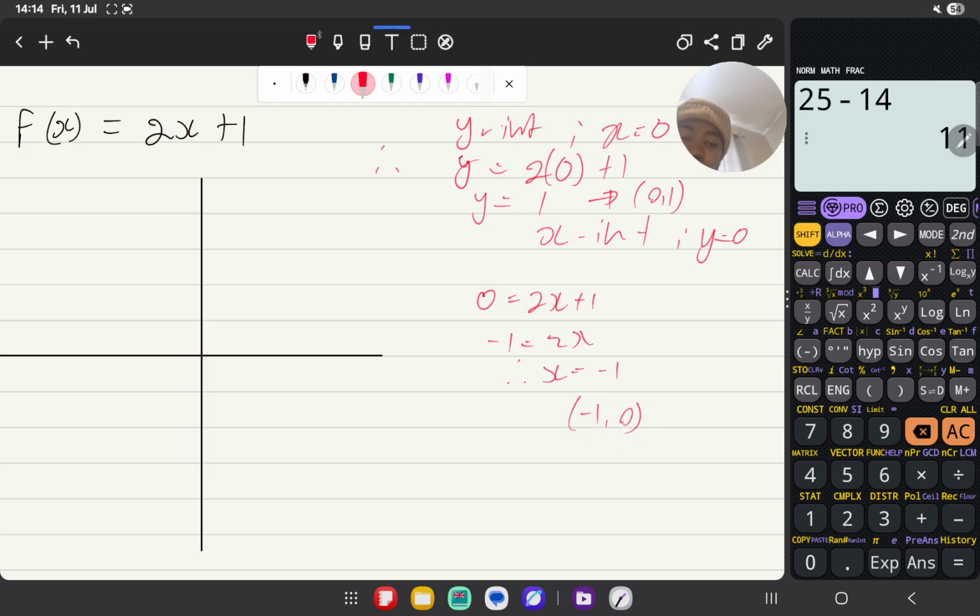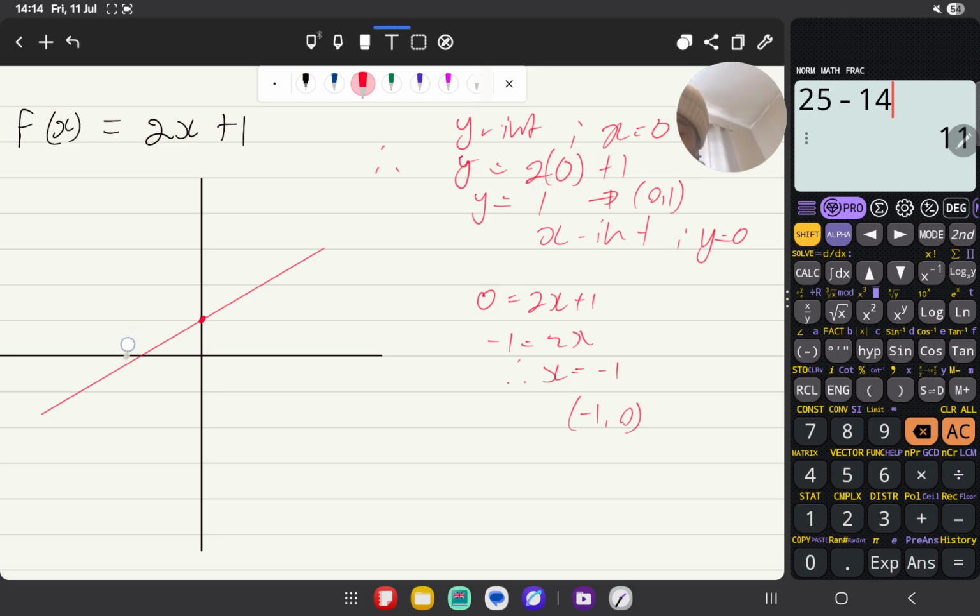So you go and plot them, minus 1 and 0 for x. Here we are. And then maybe that's too far. Here we are, and then here is 1. Then you just draw a straight line going through those 2 points.